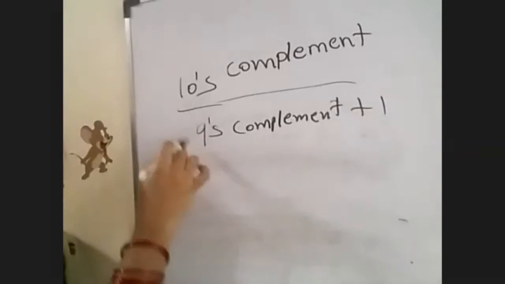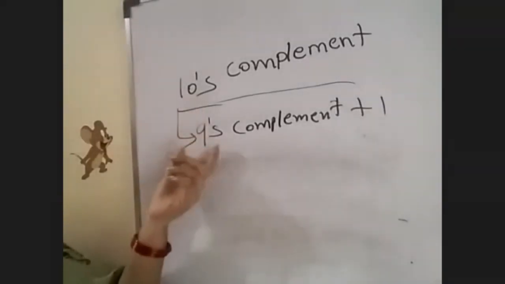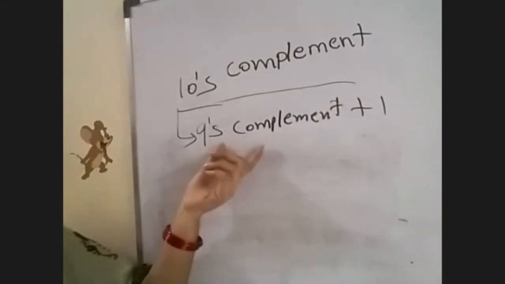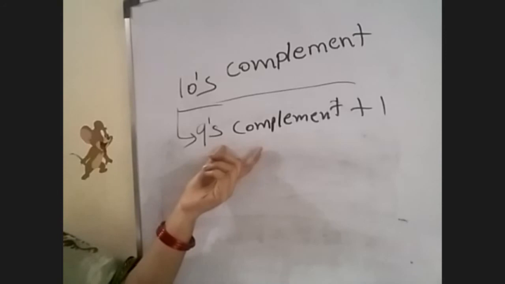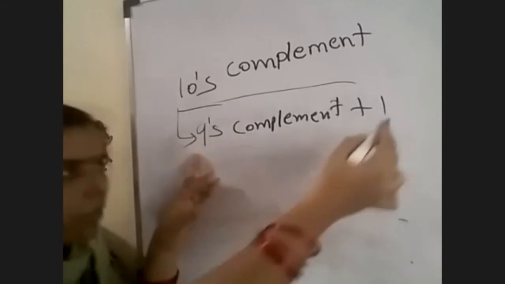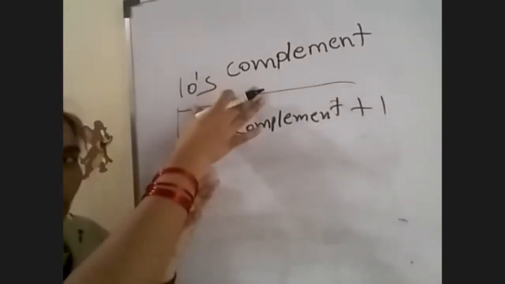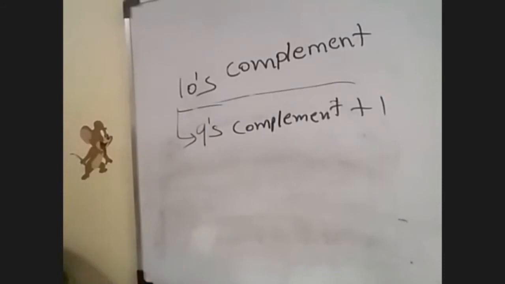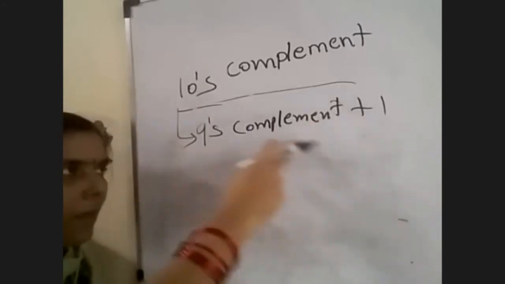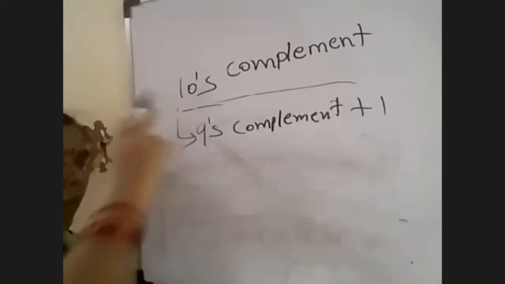Already we discussed nines complement, which is the diminished radix complement. If you add plus 1 to it, it becomes the tens complement. So to obtain the tens complement, first do the nines complement, later add plus 1, then you will get the tens complement.